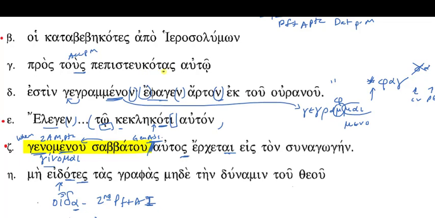Pepistukotas. That's os after the ot, right? That's looking accusative plural and masculine. That can't even be neuter, can it? Why is that not feminine? Because if it were feminine, it would be kuia, right? The ot, though, shows up in the masculine and neuter.